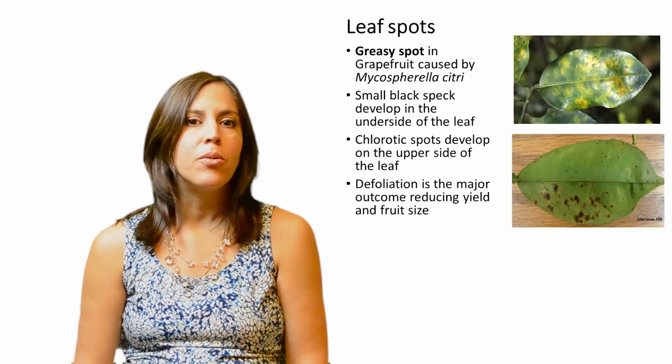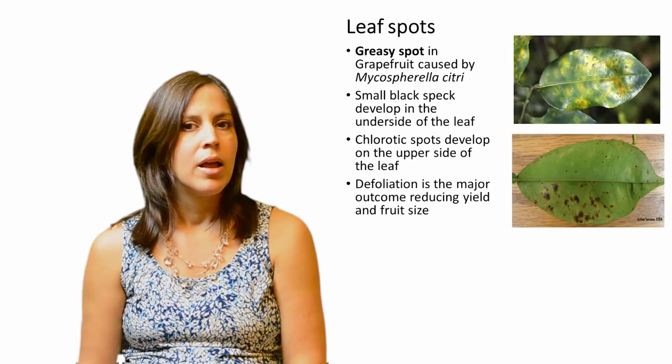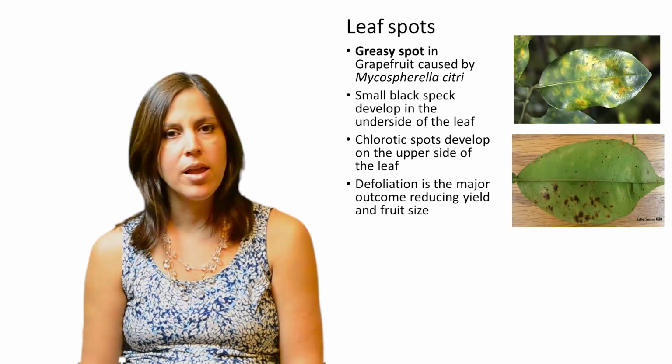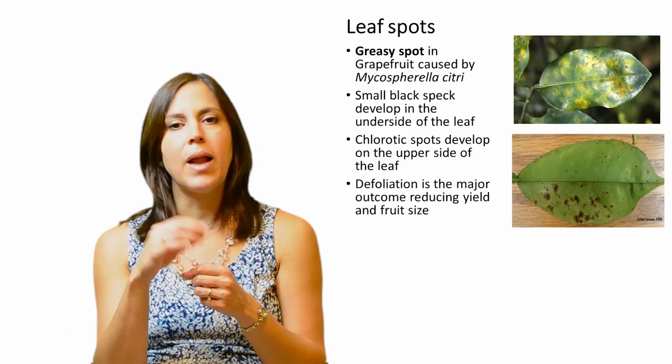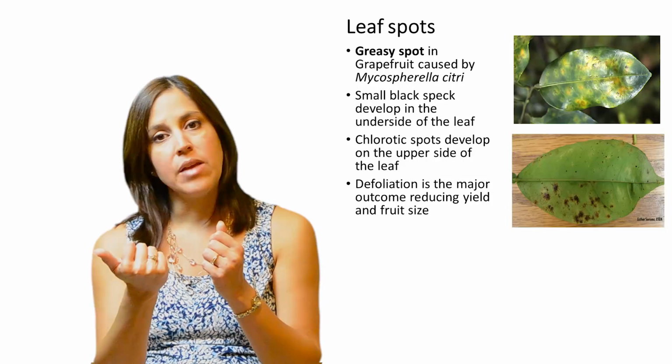Another example of leaf spot is greasy spot on grapefruit, which is caused by the fungus Mycosphaerella citri. Basically, this fungus causes small black specks that develop on the underside of the leaf.